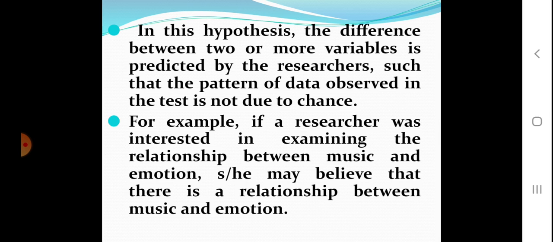Students, we will use one example to understand what an alternative hypothesis is. For example, if a researcher was interested in examining the relationship between music and emotion, she or he may believe that there is a relationship between music and emotions.